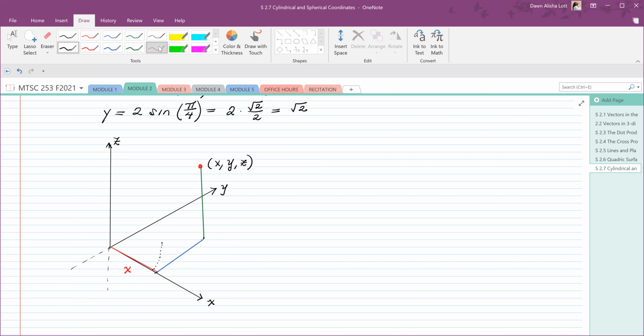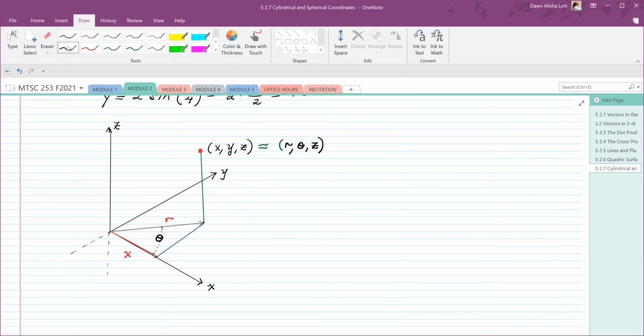I can then draw a ray from the origin to this point on the XY plane, call that R, call this theta, and then go Z. So now I can go around, and so now this point is also the point R theta Z. So now these are cylindrical coordinates.